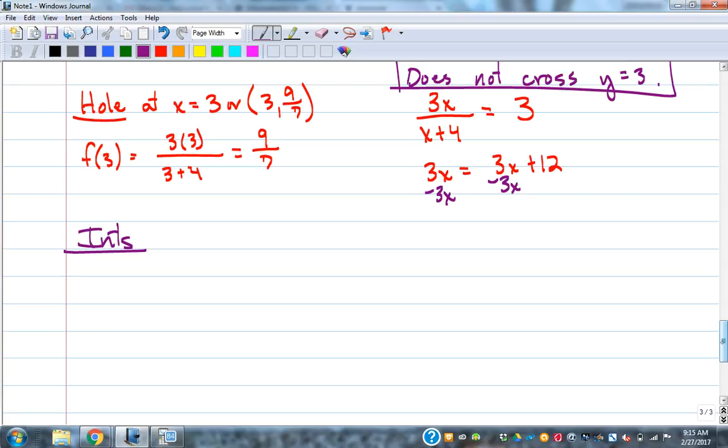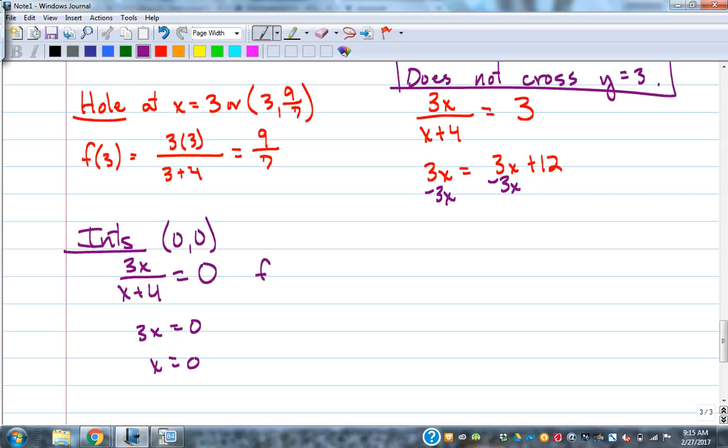All right, so intercepts, 3x over x plus 4. That's what it should be on the bottom. Equal to 0 to find the x-intercepts. 3x equals 0, so it's 0, 0.